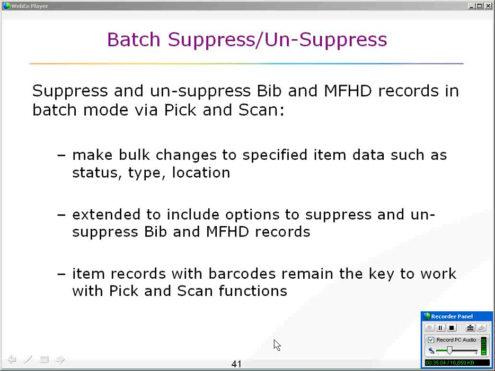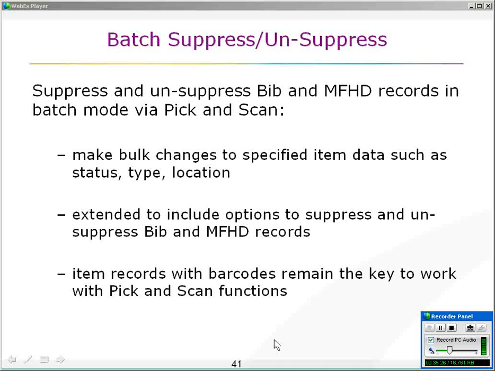Here we've got the opportunity to suppress and unsuppress bib and holdings records in batch mode via the pick and scan function. So this means that we can be making bulk changes to specified item data, which we've been able to do for a while, things like the status, type, location, and so on.